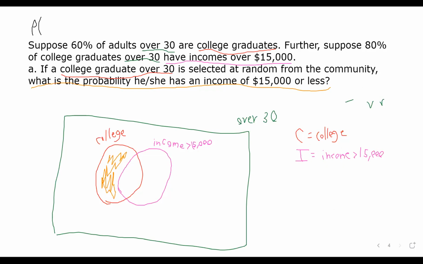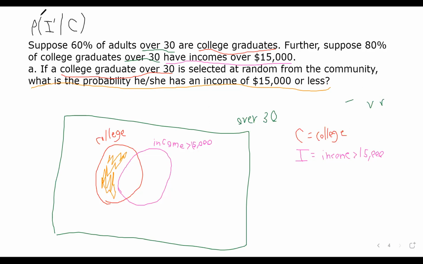So what we want is the probability that if a college graduate over 30 is selected at random from the community... the if part tells you the assumption. We're assuming the person's a college graduate, and we want the probability the person has an income of 15,000 or less. So it's not I, it's I prime, the complement of I: the person does not have an income over 15,000.